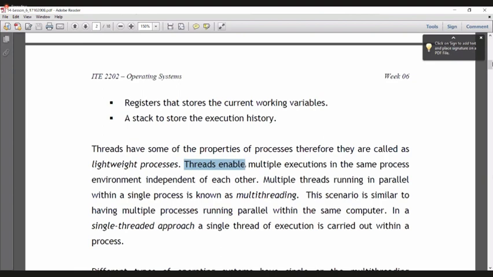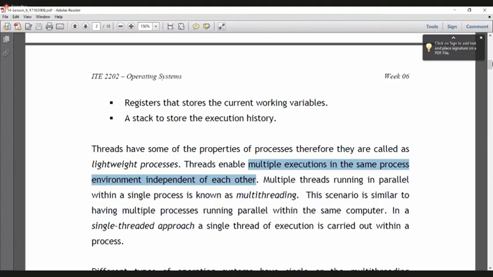Maybe same program, different sections you can run parallel. So this can be done using the thread concept. So threads enable multiple executions in the same process environment independent of each other.